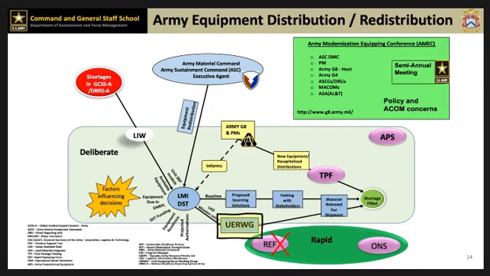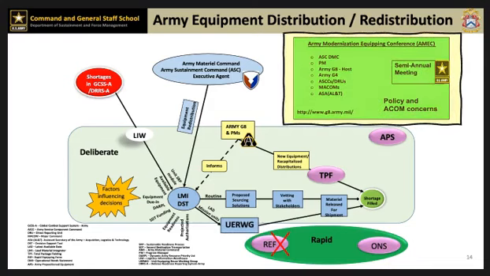If a unit has a LAD, mission, or is part of a known demand rotation, then the division or corps can coordinate at the installation level to redistribute equipment within their command to fill shortages for the deploying unit. This is called a Unit Equipment Reuse Working Group. The name of this working group may have changed or vary depending on the installation or command, but the intent behind it is still the same.